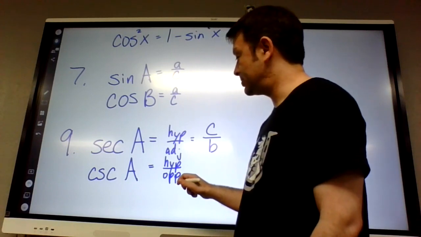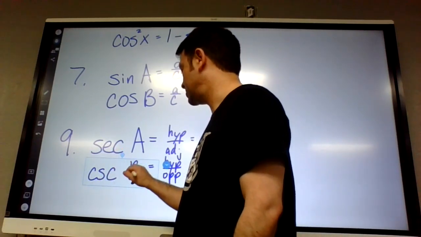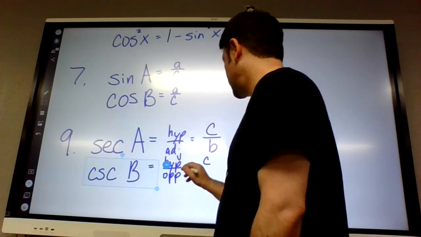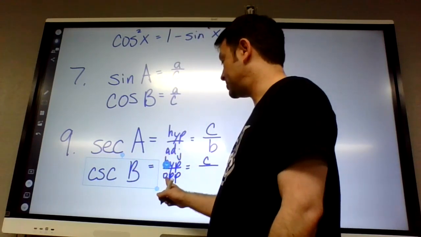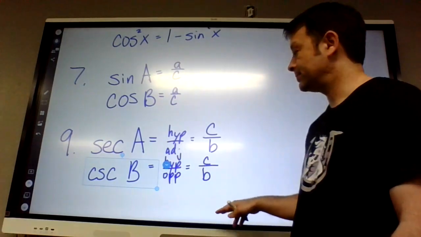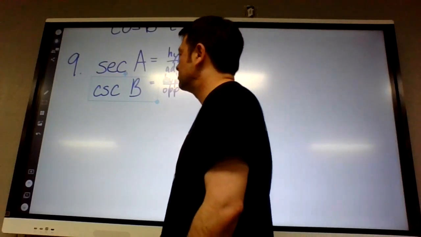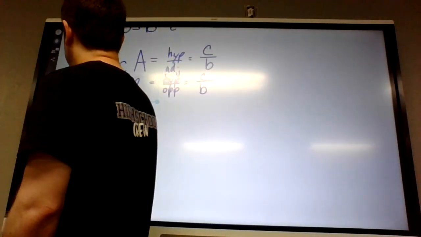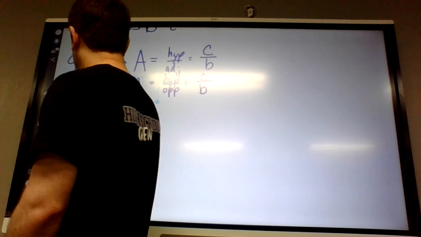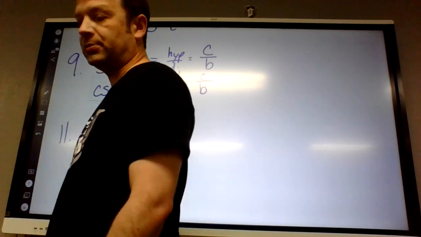Oops, I'm on the wrong angle. Angle B, the hypotenuse is still C. What's the opposite of angle B? Side B. So they are equal. Just like sine and cosine of the opposite angles are equal, secant and cosecant of opposite angles are equal.